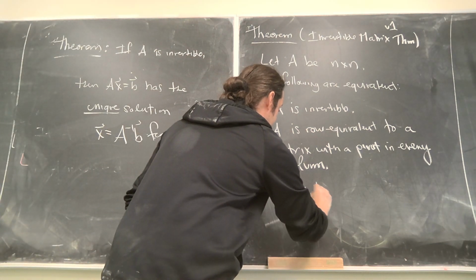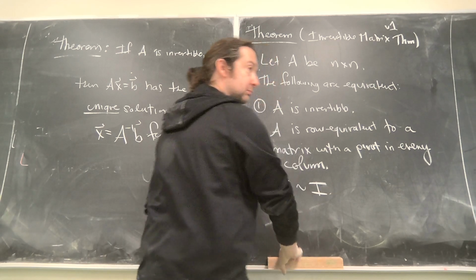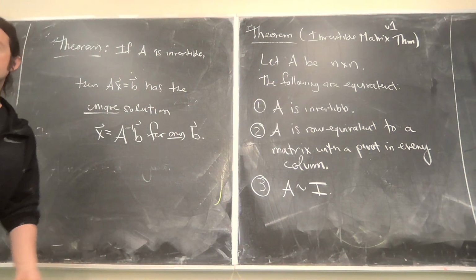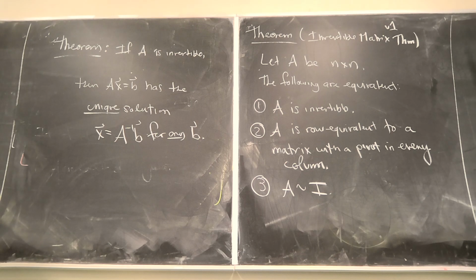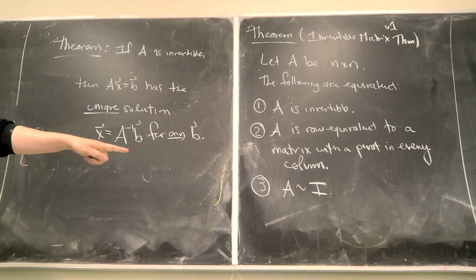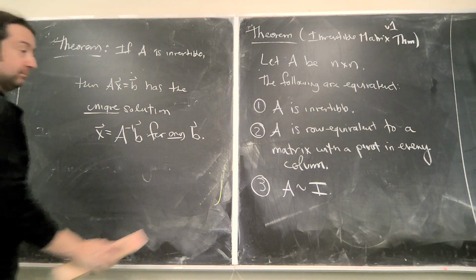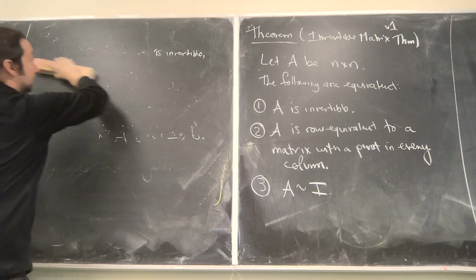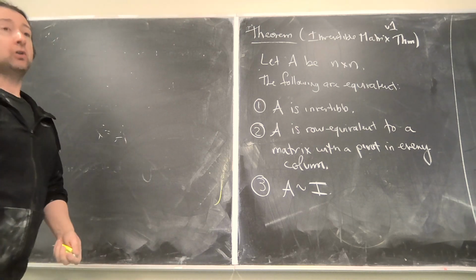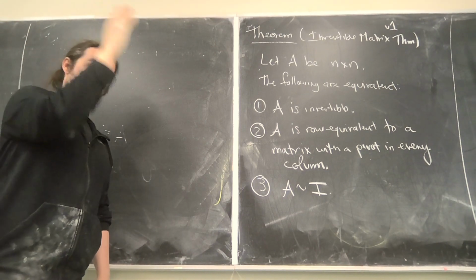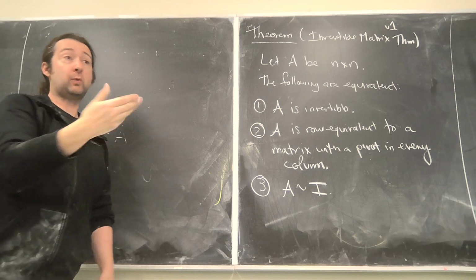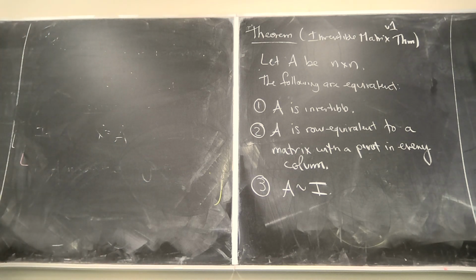A is row equivalent to the identity matrix. So if you keep going, put it all the way down into reduced echelon form, you can row reduce it to I. Remember, you should think of A as being a coefficient matrix. It's a square matrix, so every column has a pivot. Yeah, every column.